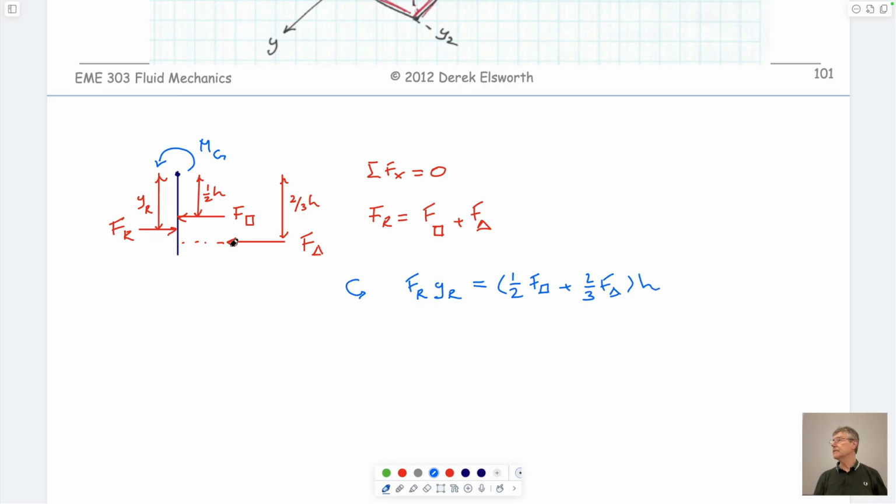So that's a simple statics problem, just for a bar that's dangling down, half height, 2/3 height, resultant acting in the opposite direction. But that's exactly what we are doing in this, and we could calculate, so we know what this is, because this is equal to just the sum of F prism plus F triangle, because of this.